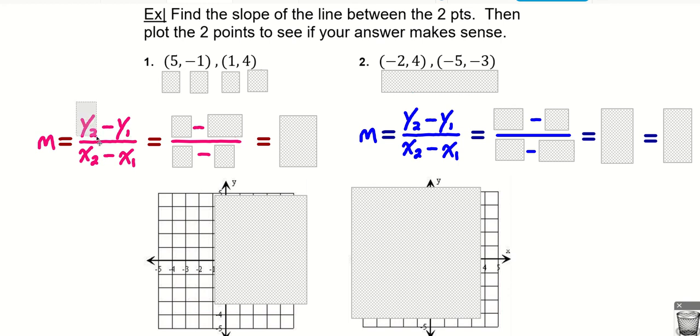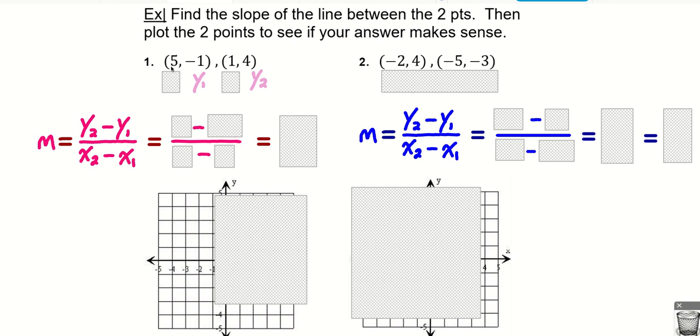In other words, your second y coordinate minus the first y coordinate. So I'm going to call that my y1, my first y coordinate. And I'm going to call this, the 4, my y sub 2. Because again, remember, these ordered pairs, they both go x, y, x, y. That's my first y, that's my second y.